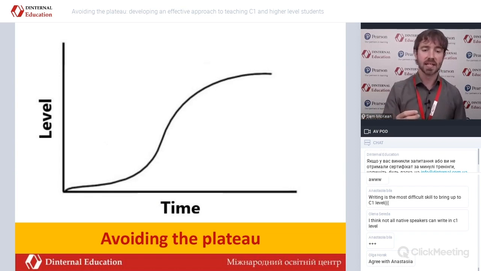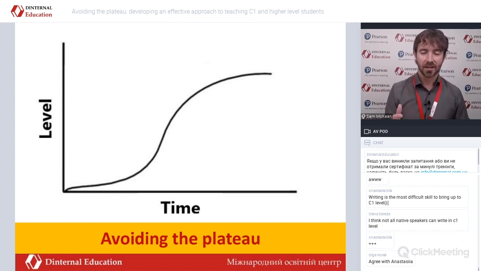Okay, so firstly, here we have the developmental curve of a typical language learner. Okay, so we all know that once students grasp the basics of the language, they are able to progress relatively quickly. Okay, they can learn whole grammatical rules and large amounts of vocabulary in a relatively short amount of time.